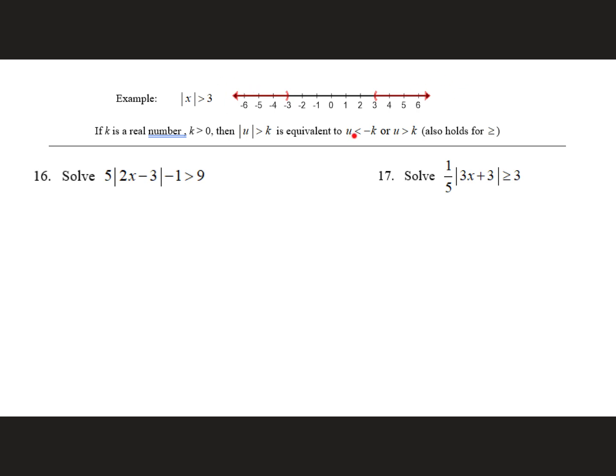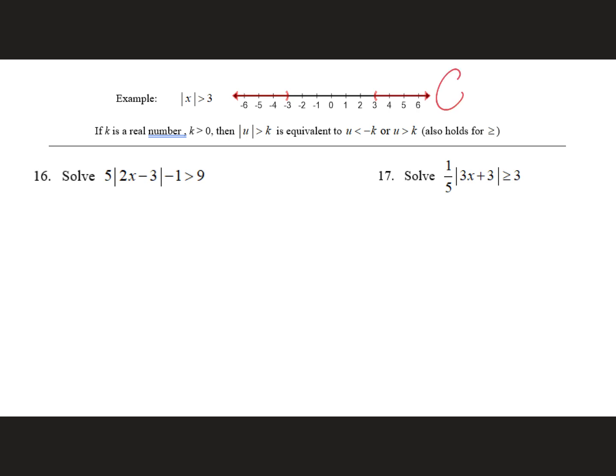And so how we solve this is whatever the value is inside is going to be less than the negative number and greater than the positive. And again, absolute value, you must have it isolated first. Now, just like I had a way to remember with less than, we have a way here.